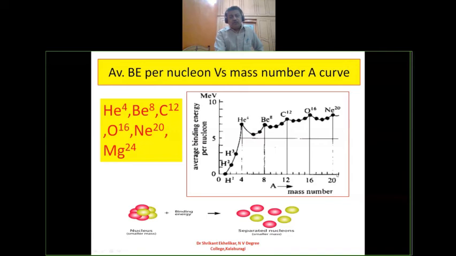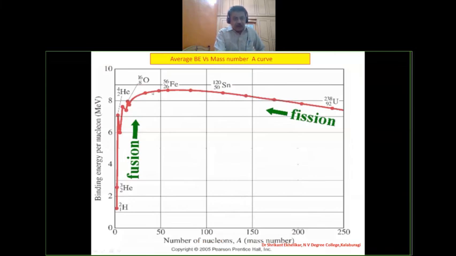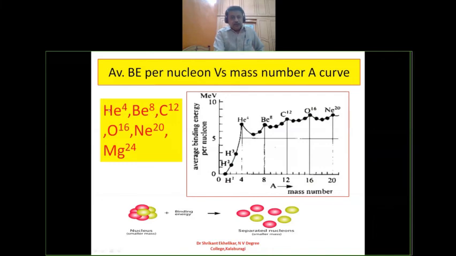Mass number up to 20, up to 20 or 24 also. 24 is magnesium, and afterwards it increases and then is flat from 40 to 160.